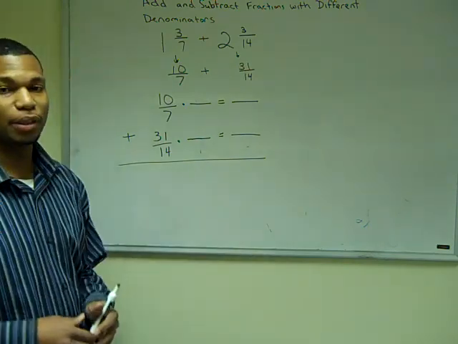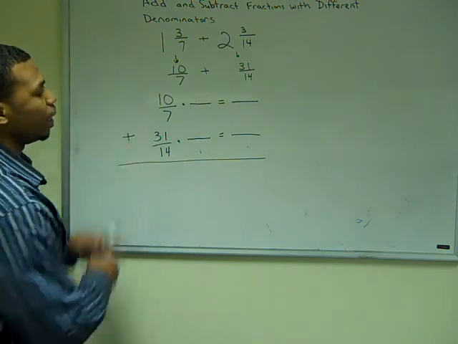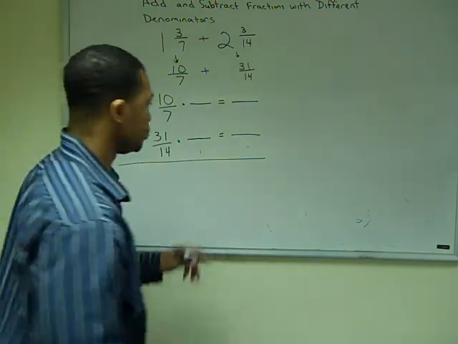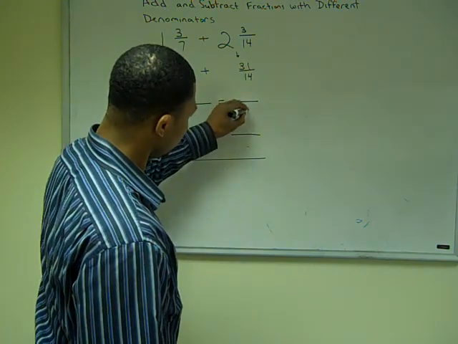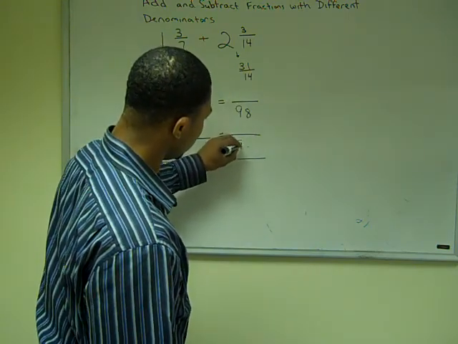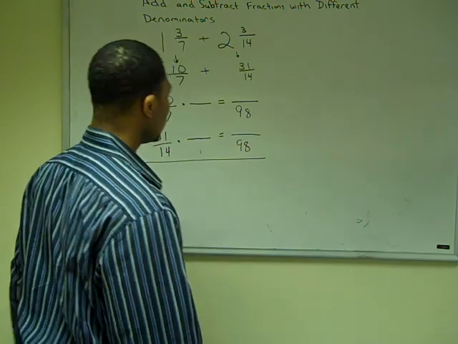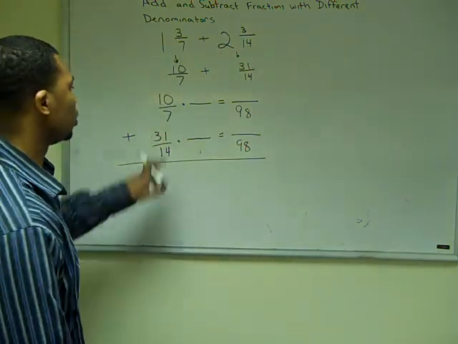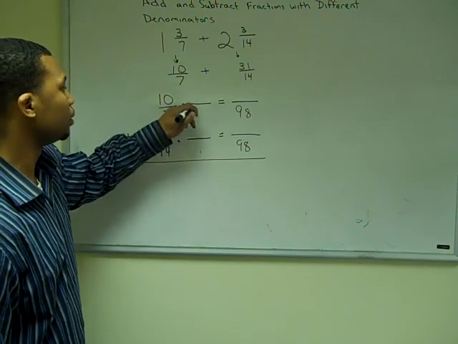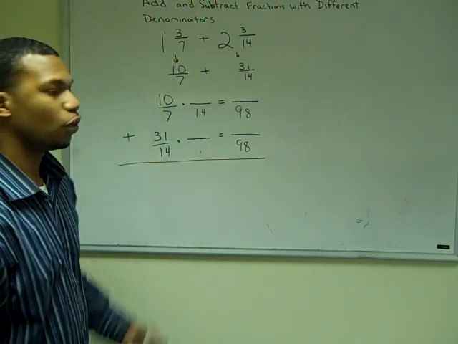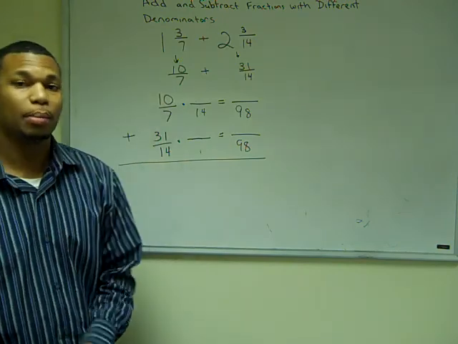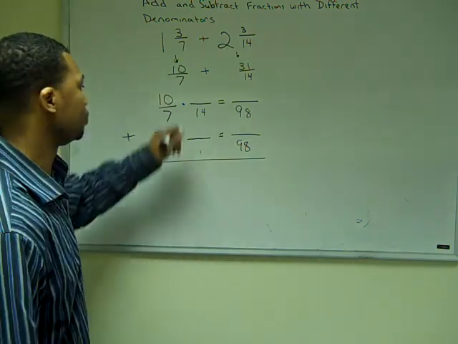So now to find our common denominator, we're going to multiply the two denominators. So 7 times 14 is equal to 98. To get to 98, we have to multiply 7 by 14. So therefore, we're going to multiply the whole fraction, 10/7, by the 1, 14 over 14.